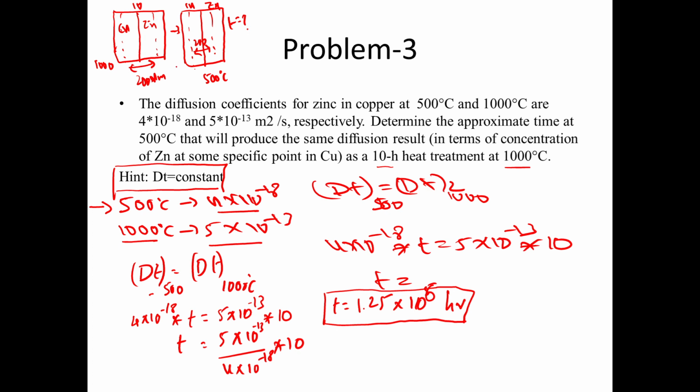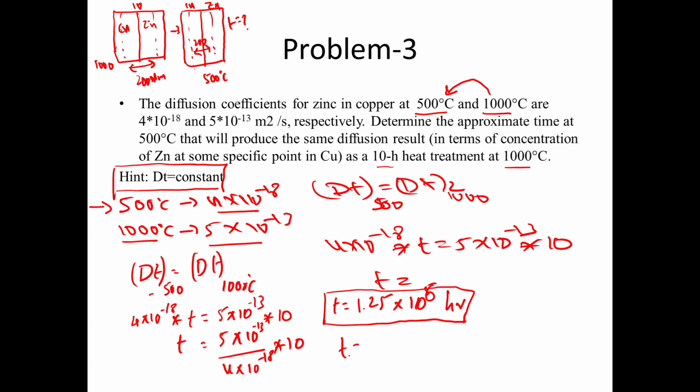To produce 200 microns, temperature is a significant parameter for the diffusion. So if you just reduce the temperature by half, that is 500 degrees Celsius, to produce this 1200 microns, it will take several hours.